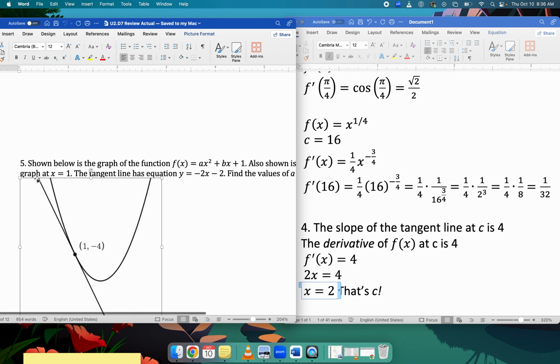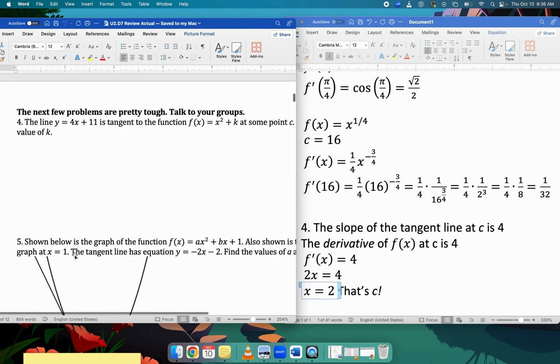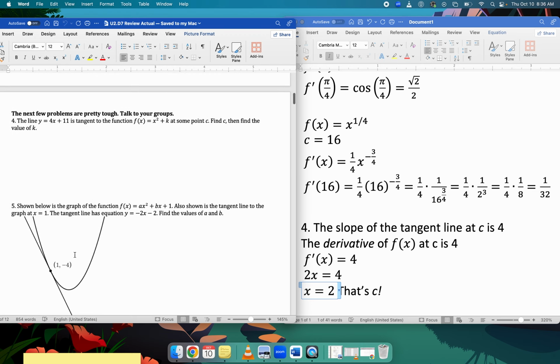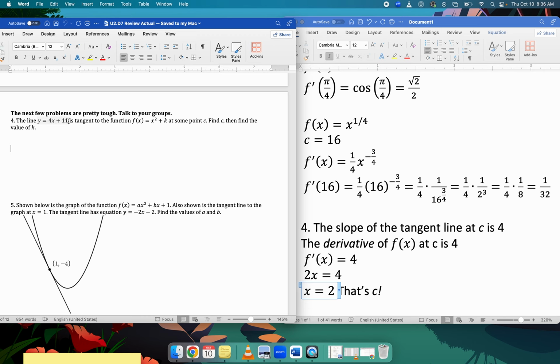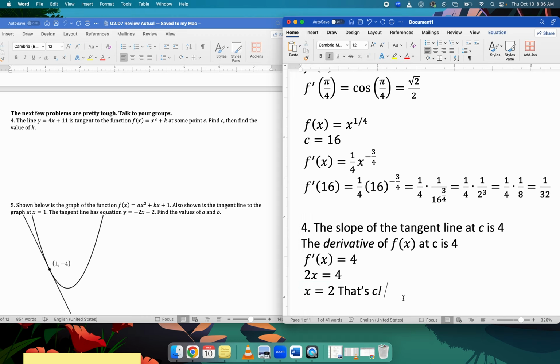The value of the linear function and the value of the quadratic function are the same at this point, because that point is on both graphs. And the same is true here. So basically, I know that this function and this function have the same value at 2.